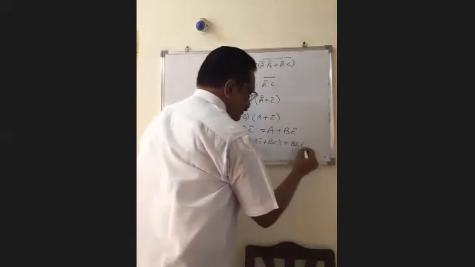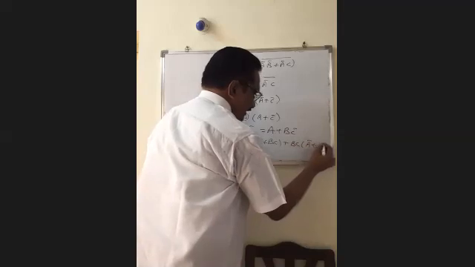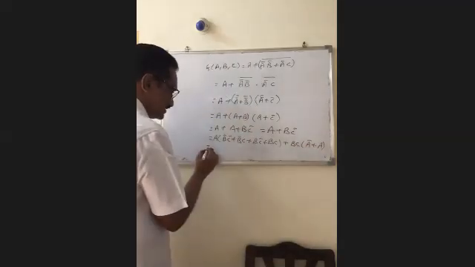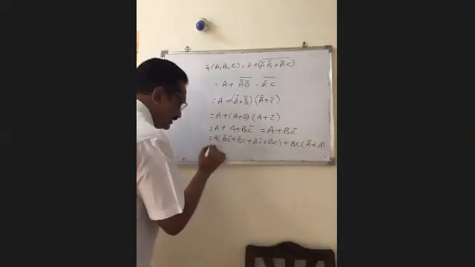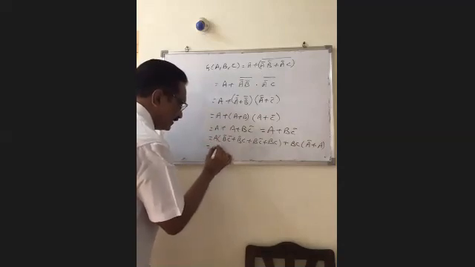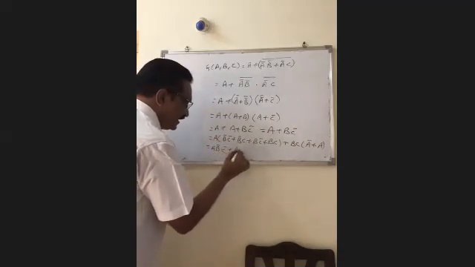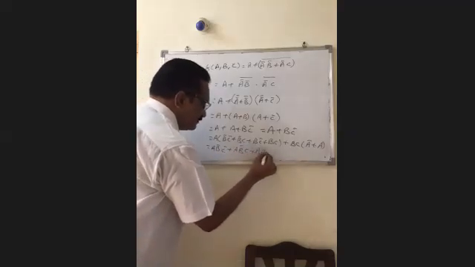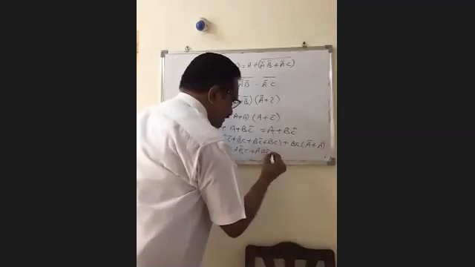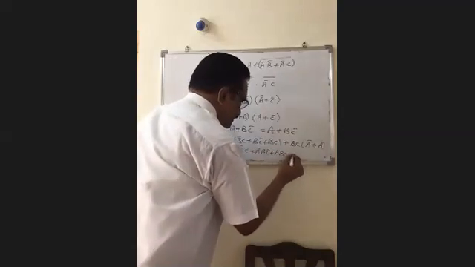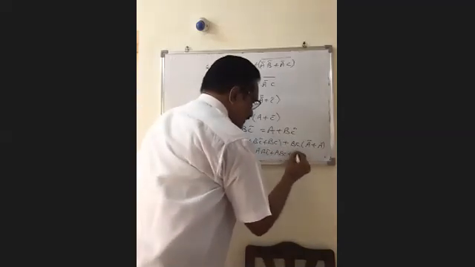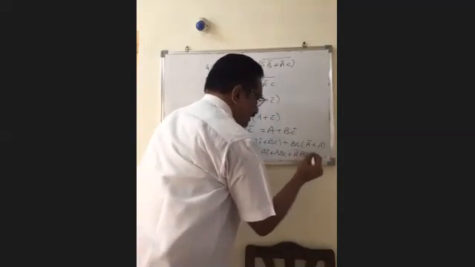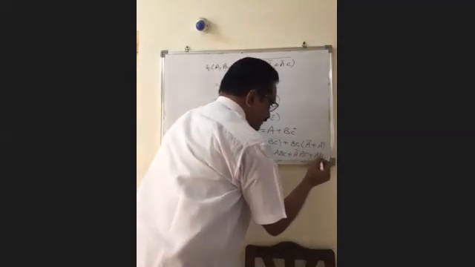So BC into A bar plus A. So this one is equal to A B bar C bar plus A B bar C plus A B C bar plus A B C plus A bar B C plus A B C.